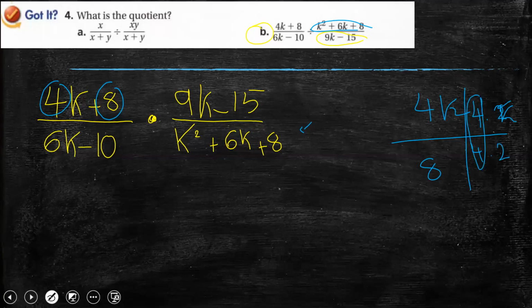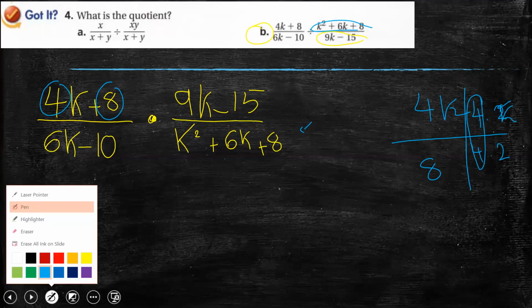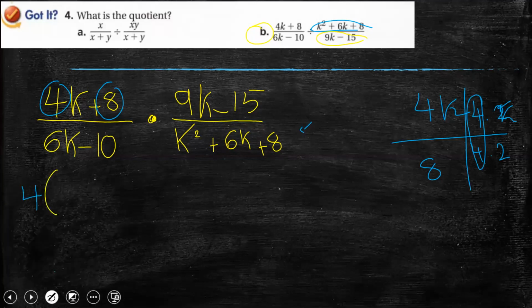So let's put 4 as a common factor here. Then k plus 2, because here I have k, here we have 2.